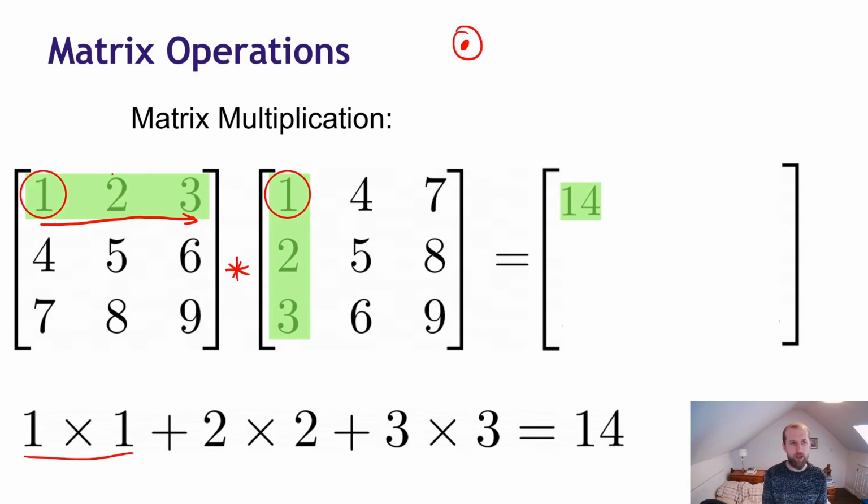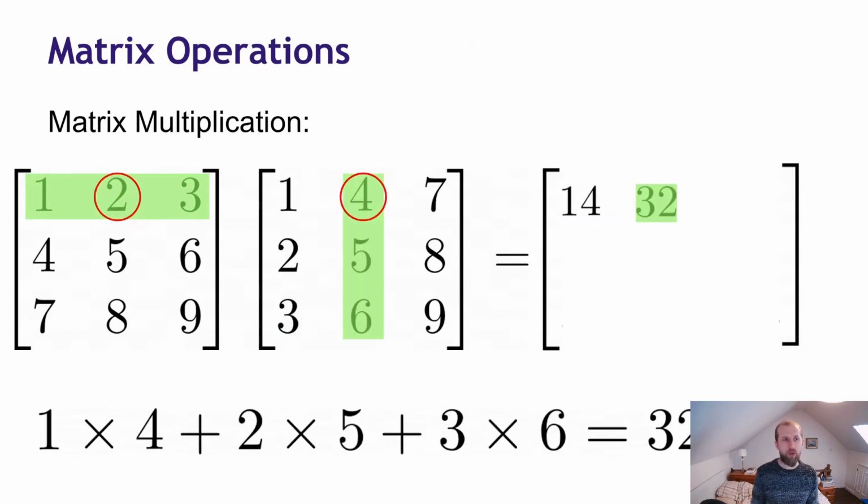So the next thing we've got is the 2, so that's this one, and then we've got this 2 as well, which is this one. And then finally we have the 3 by the 3, so we go down on the second matrix. Then we get 14, and it's where this row and this column intersect that gives us where this final answer is going to be on our output multiplied matrix.